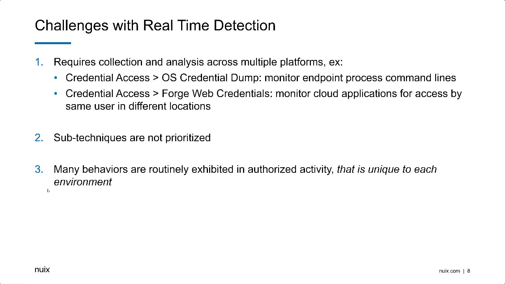There's no one size fits all, no single way to adjust all of these detections for every environment. So it really calls for a very flexible approach if you are attempting to do the detection across many of the indicators, techniques and sub-techniques in the framework.